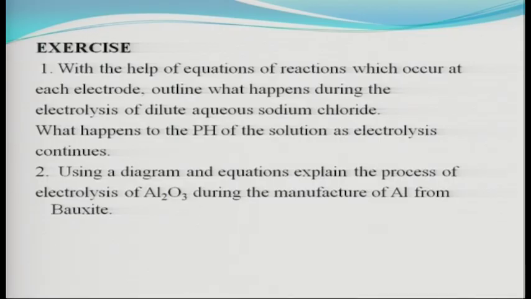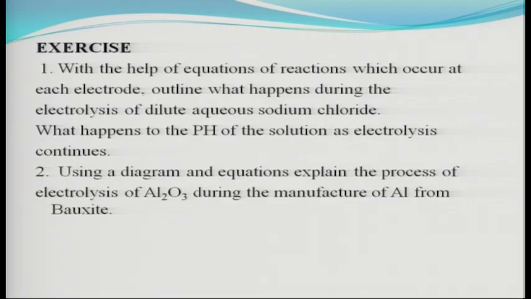The first question says, with the help of equations of reaction which occur at each electrode, outline what happens during the electrolysis of aqueous sodium chloride. Then the second part is telling you what happens to the pH of the solution as electrolysis continues. We have discussed that, and I know you're going to do it very well. So you make sure you write the equation at the anode, at the cathode. If there is something remaining, you talk about it.